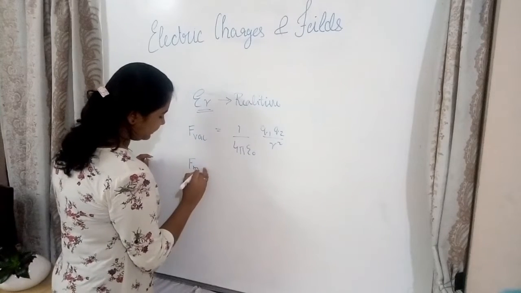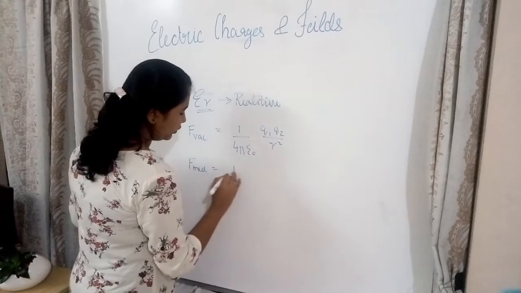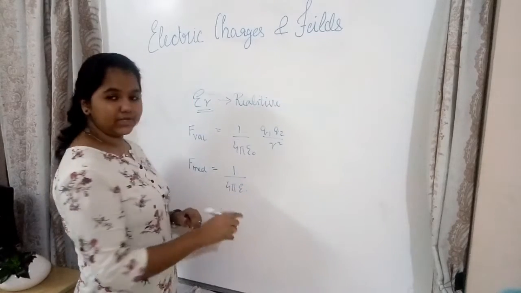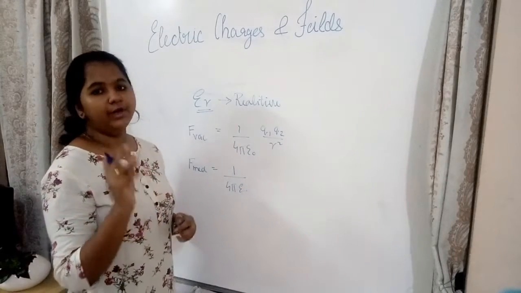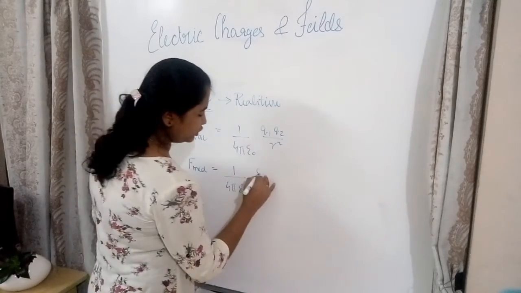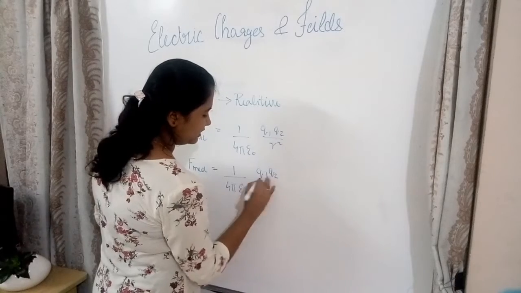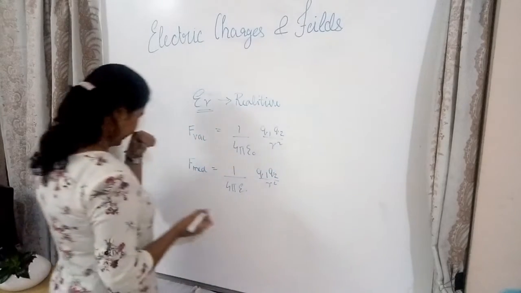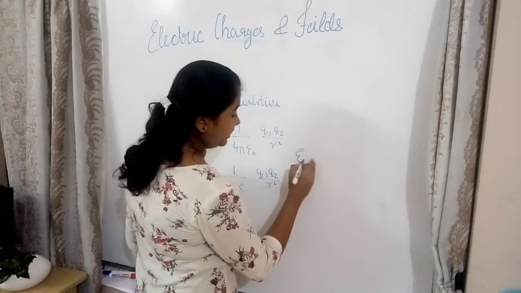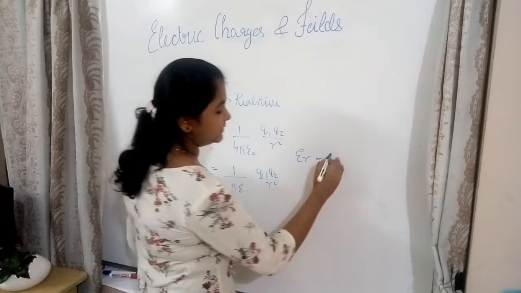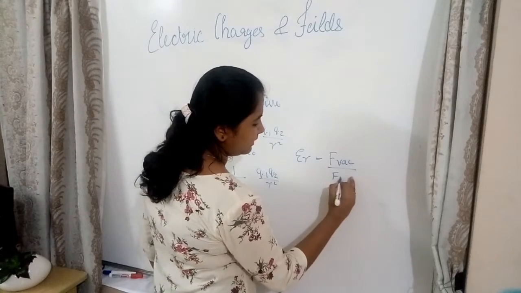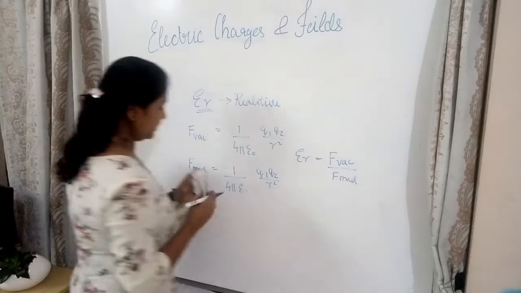F medium is equal to 1 by 4 pi epsilon, because epsilon is the value of permittivity in the medium, into Q1 Q2 divided by R square. Now we have to write about epsilon R. Epsilon R is equal to F vacuum divided by F medium.